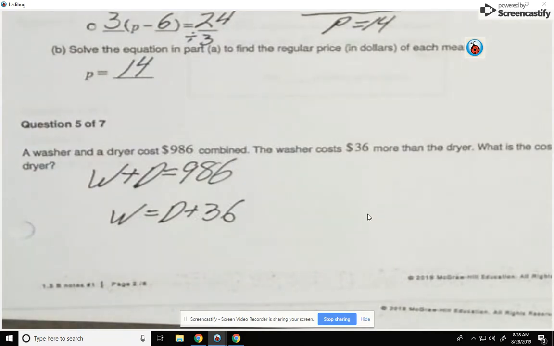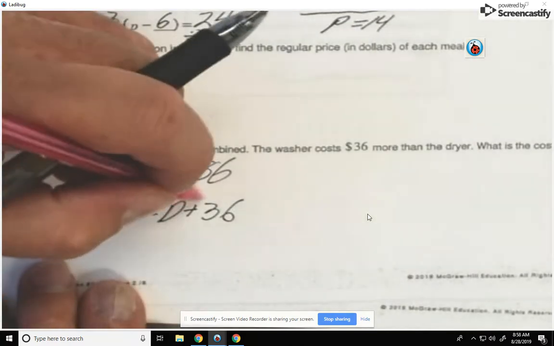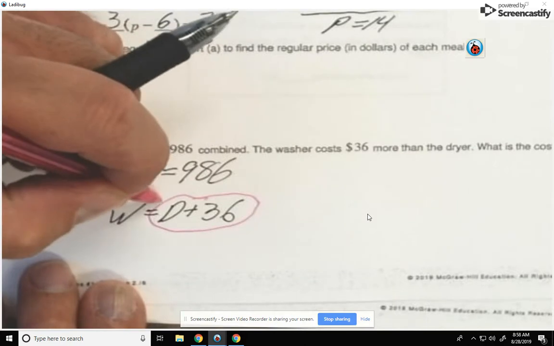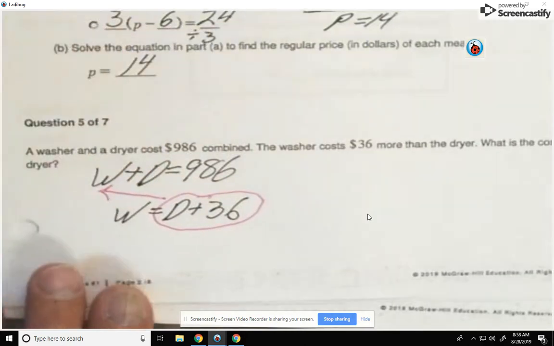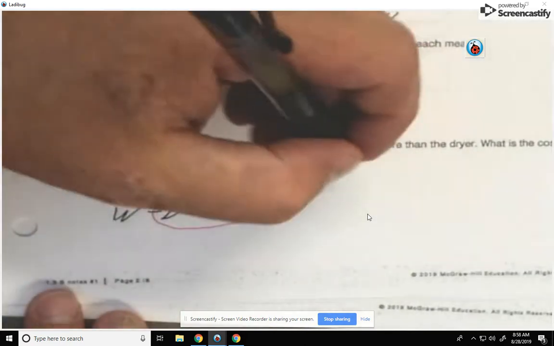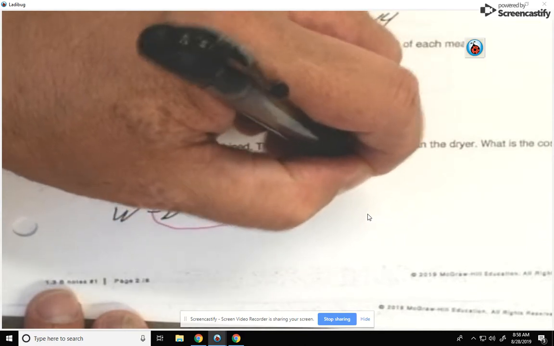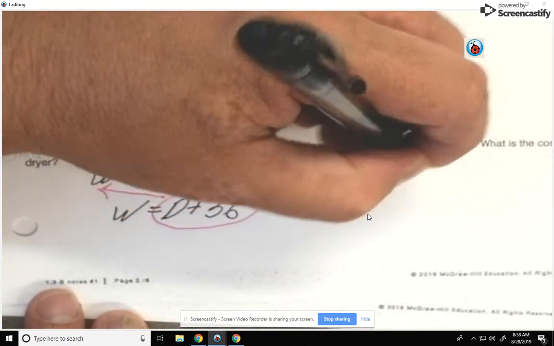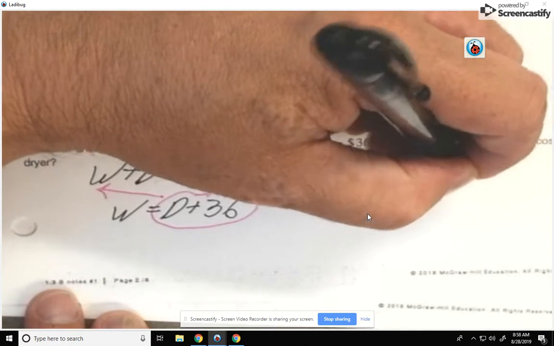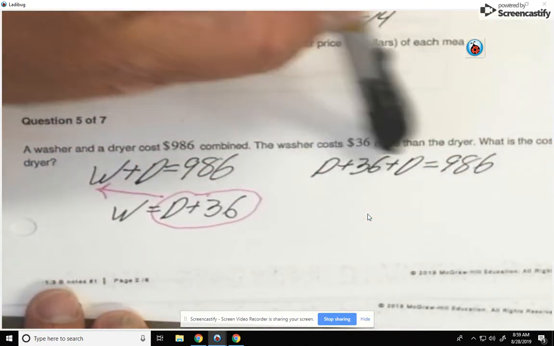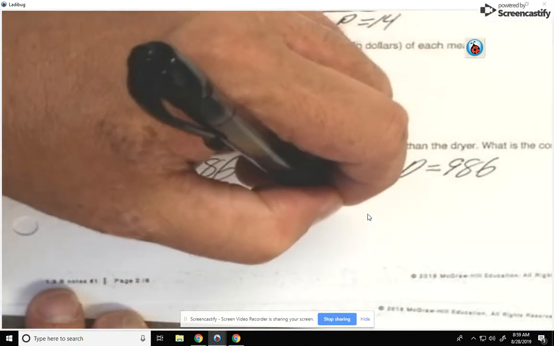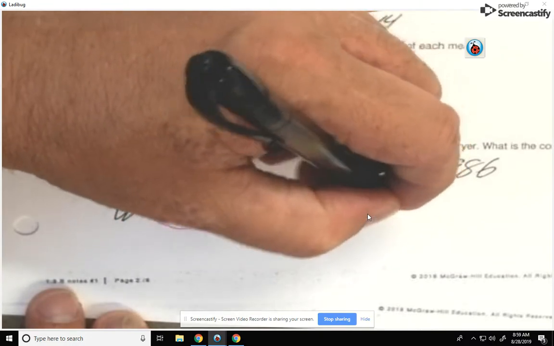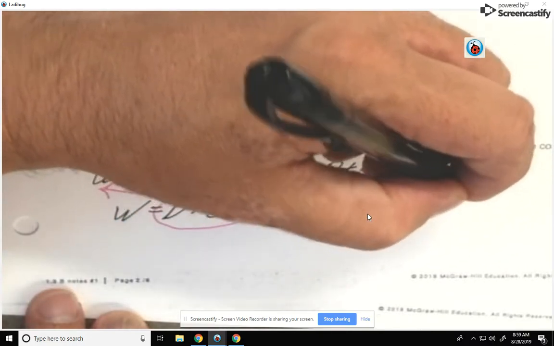Now here's where we start to solve it. We can take D plus 36 and replace this W with it. So we get D plus 36 plus D equals 986. Now we can combine like terms to get 2D plus 36 equals 986.